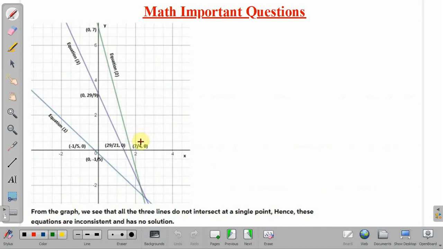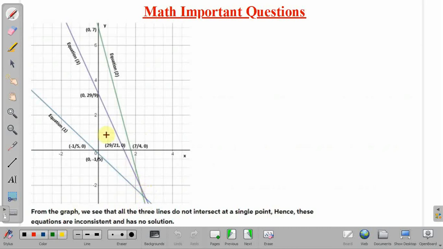And from the graph, if you see here, these three lines are not intersecting at a single point. We can see that only two lines intersect, and the third line is intersecting the first line and second line at different points.